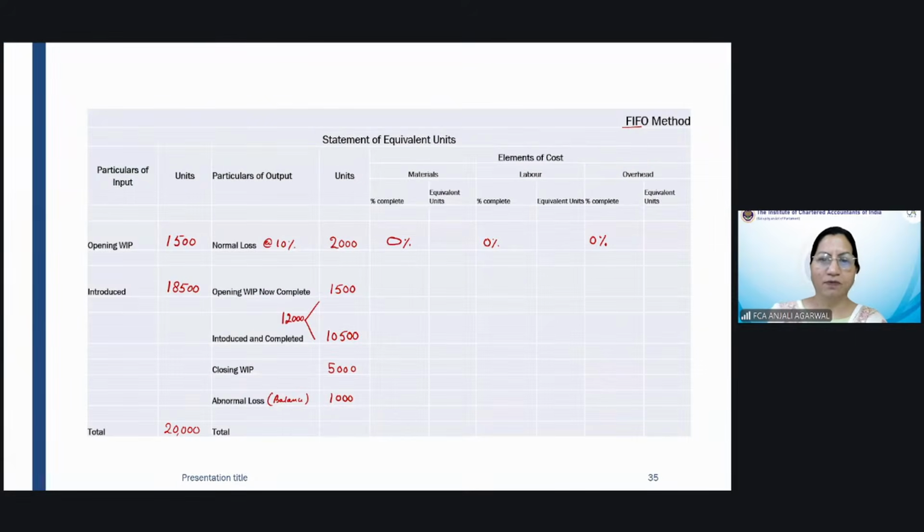All right, opening WIP. Material wise, it was already 100% complete. So now 0%. Since labor and overheads wise, it was 1/3 complete, you may write 66.67, but for your calculations, you can take 2/3 of 1500 only. Introduced and completed are introduced in this process only. So 100% work is done now only.